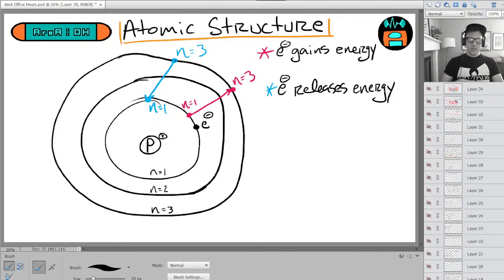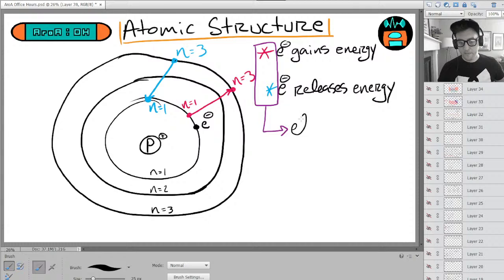All right, so both the gain of energy as you move from a low shell to a high shell, and the release of energy as you move from a high shell to a low shell, are called electronic transitions.